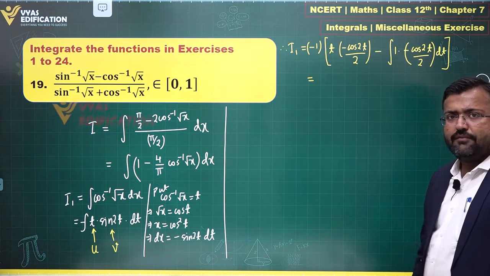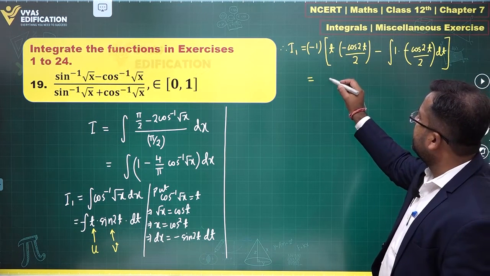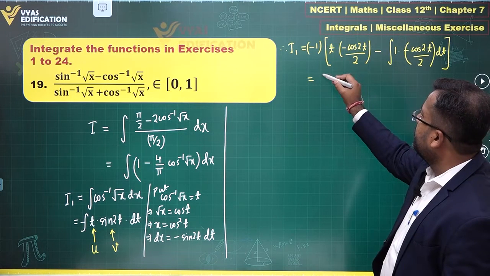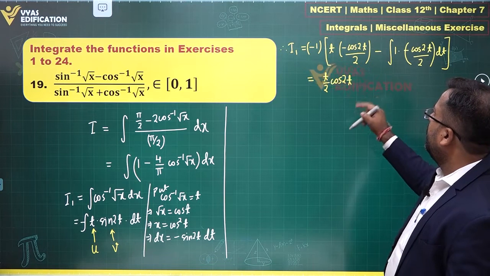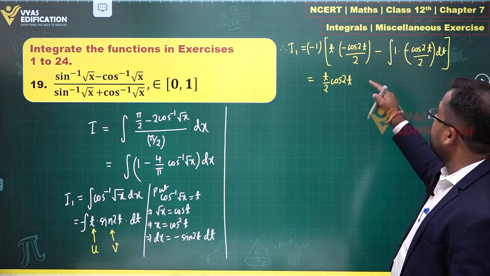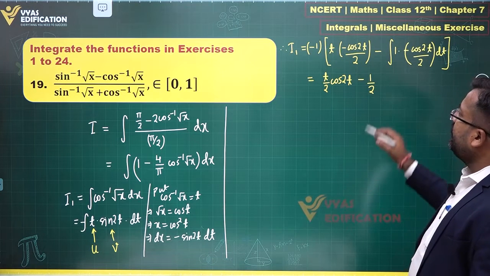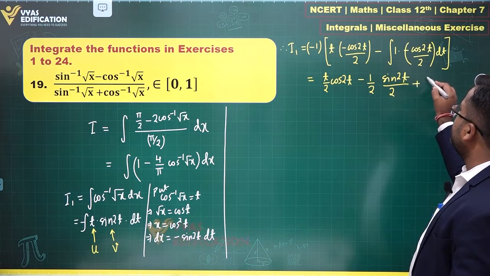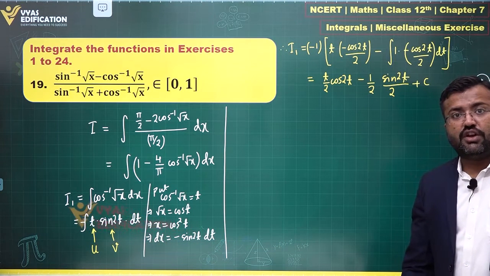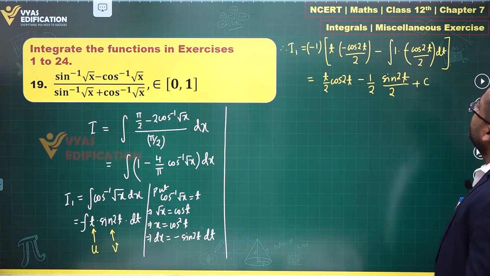What does this give me? This is not difficult. Minus minus becomes plus t by 2 cos 2t. And this minus becomes a plus, but with the outer minus it becomes a minus again. The integral of cos 2t is sin 2t upon 2 plus a constant of integration. This is what you get. Is that okay?